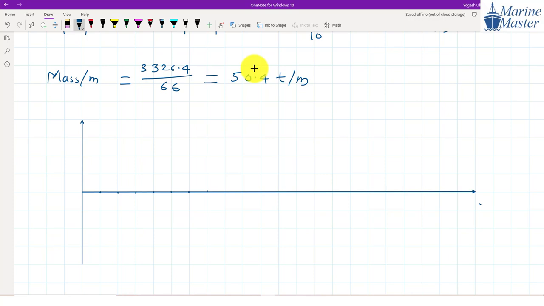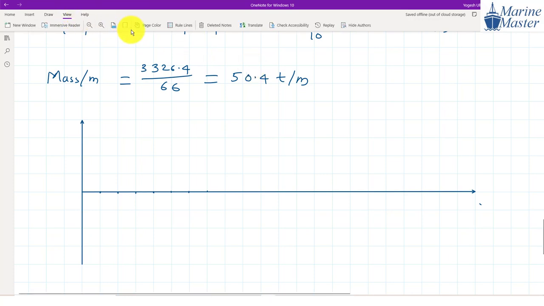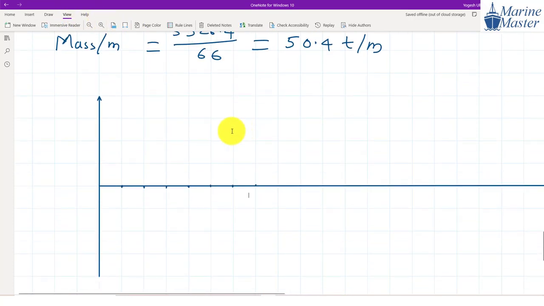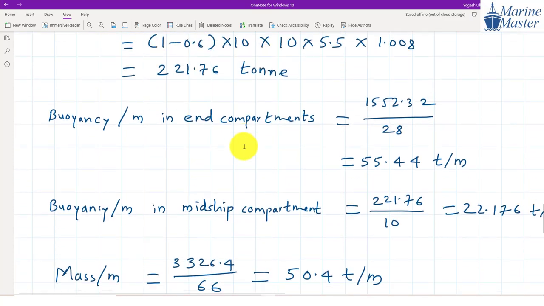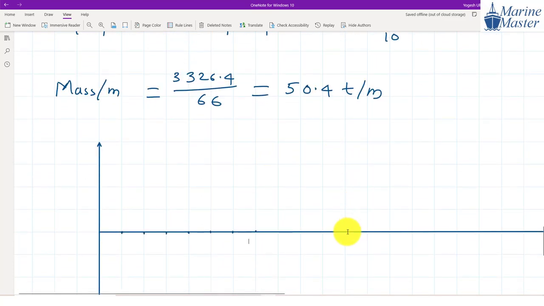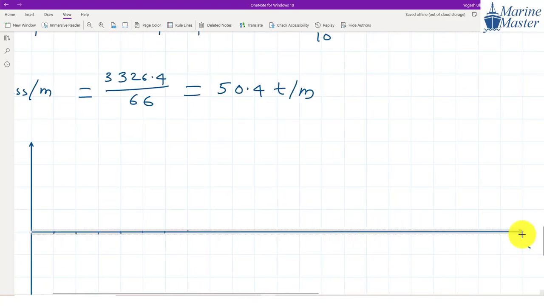Let me zoom in a little bit so that 10, 20, 30, 40, 50, 60, 70. How much total length do we have, guys? Total length is 66.